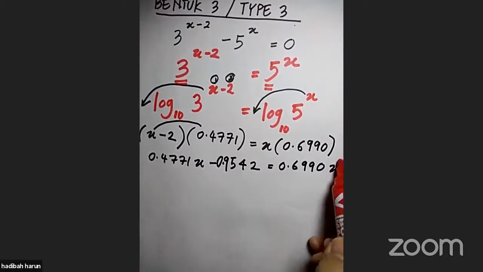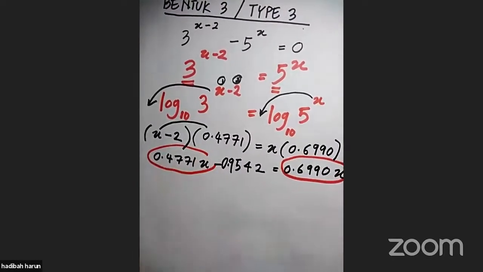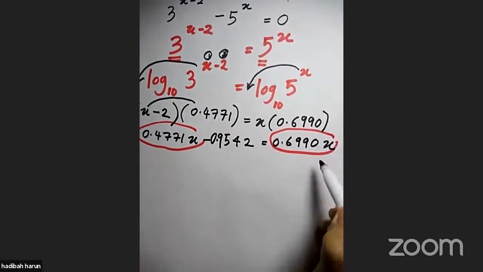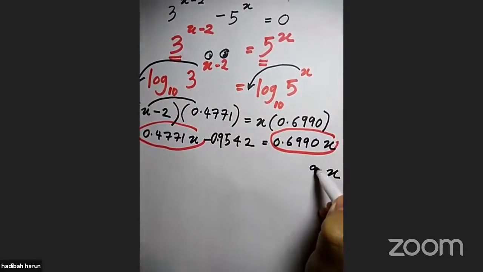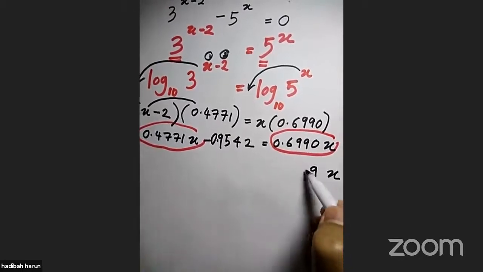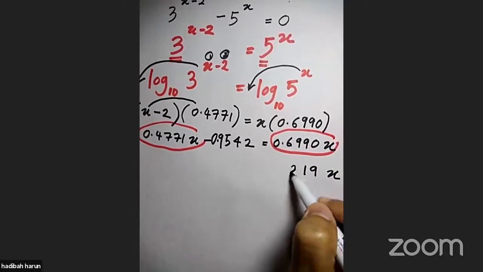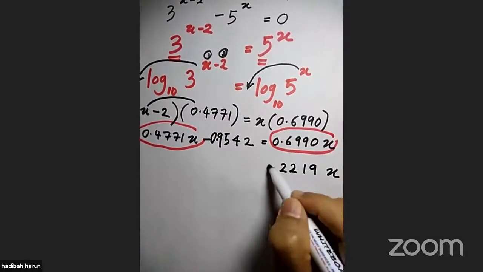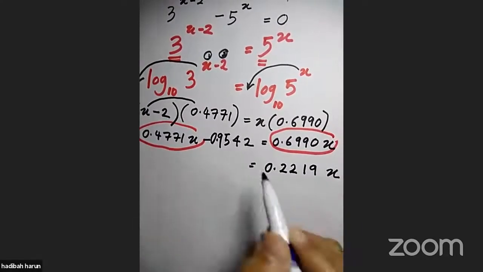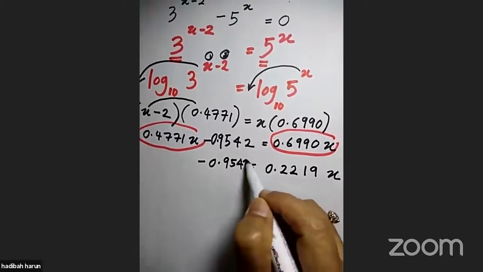Look, this one is bigger, so you bring it over to your right, you will get minus. 0.6990 minus 0.4771 is 0.2219x, equals to negative 0.9542.